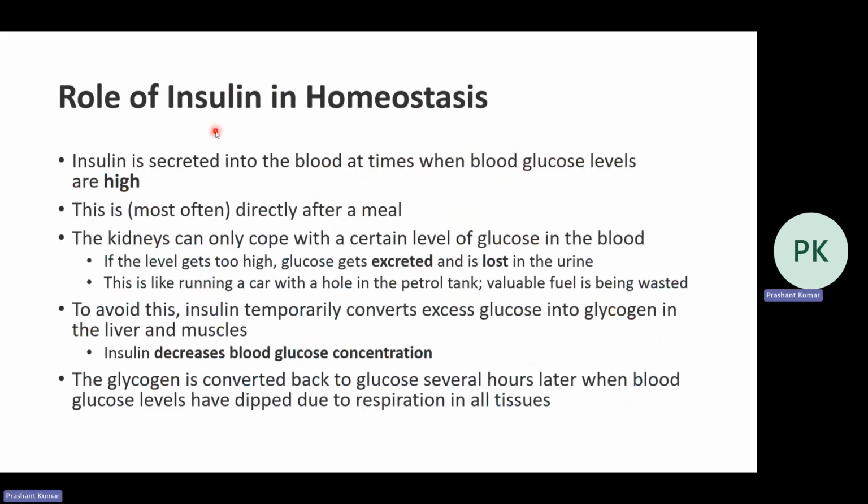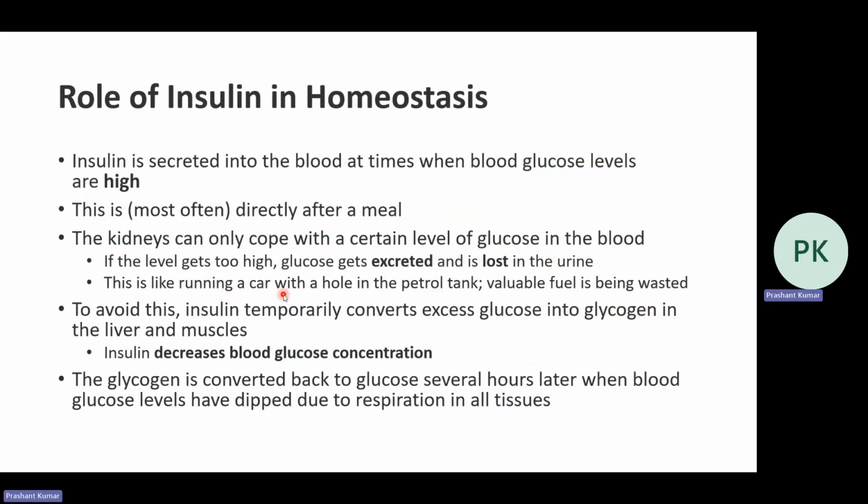So let's talk about the role of insulin in homeostasis. Insulin is secreted when the blood sugar is high. This is directly after a meal, immediately after lunch or dinner. The kidney can only cope with a certain level of sugar molecules in the blood. If the level goes too high, sometimes glucose is excreted or lost in the urine, right?